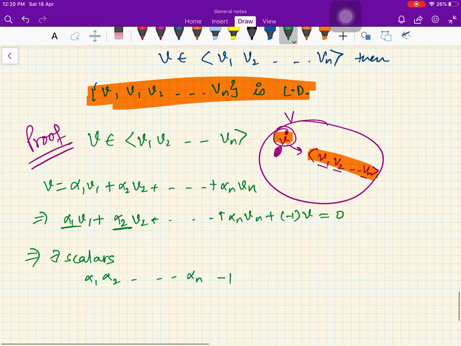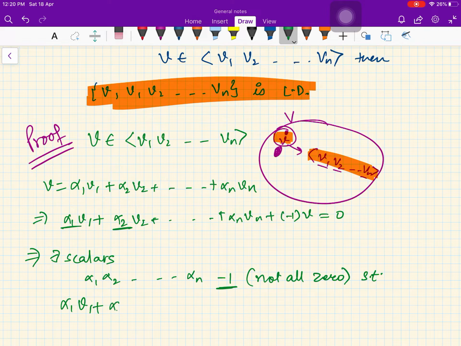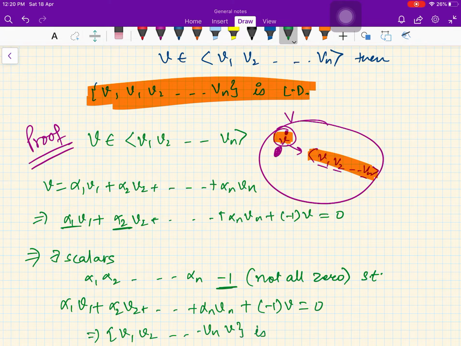It means that there exist scalars alpha 1, alpha 2, alpha n, minus 1, not all 0 because minus 1 is non-zero, such that alpha 1 v1 plus alpha 2 v2 plus so on alpha n vn plus minus 1 into v equal to 0. It implies the set v1, v2, vn, and v is linearly dependent, right?